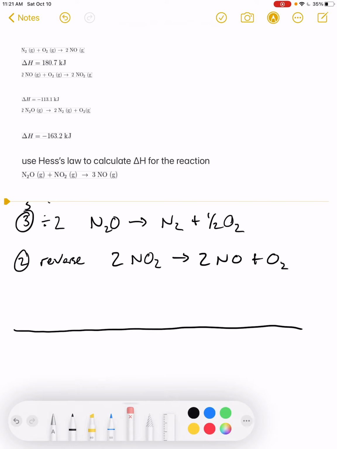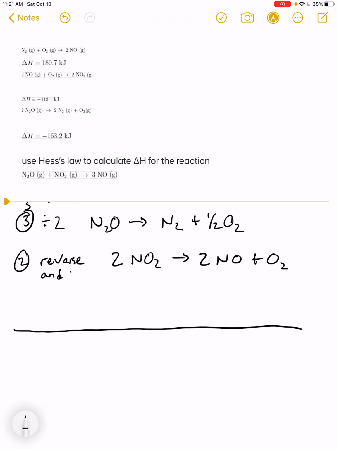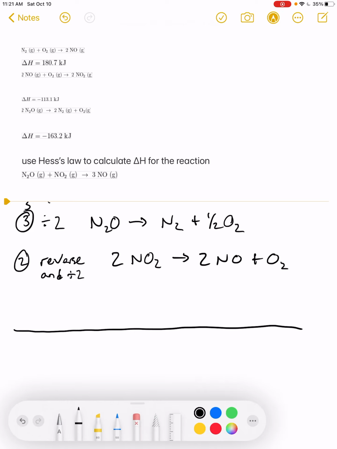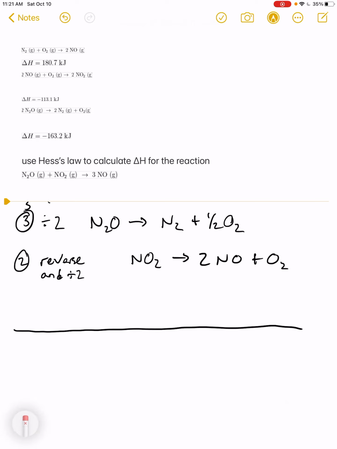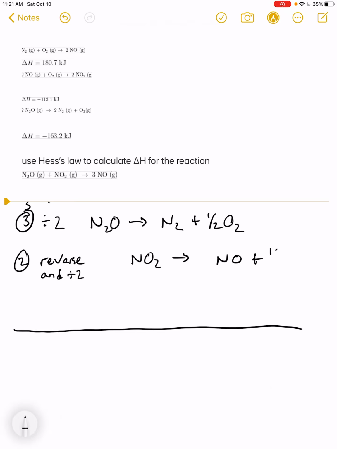And if I also divide this by 2, I can get the product that I want. So I'm just going to divide all these coefficients by 2 now. That'll get rid of that. That'll get rid of that. And that's going to make this one a 1/2 O2. Okay. So now I look like I'm in good shape on my reactant side. But on my product side, I still have some problems.